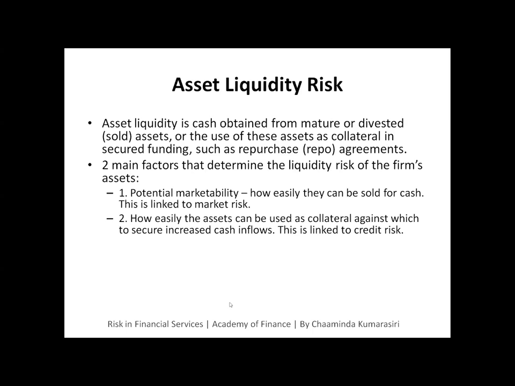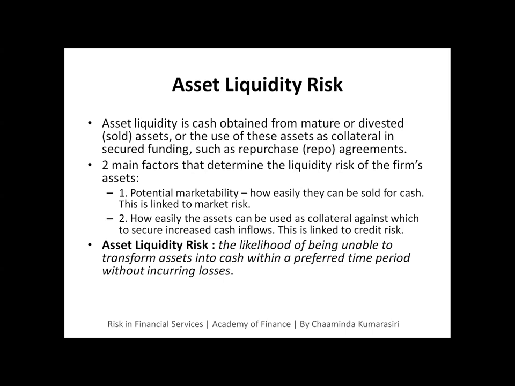Then the second factor is when you use them as a collateral and try to get funds, whether the same asset can be used as a collateral, how easily you can use it as a collateral so that you can get some cash keeping it as a collateral. So those two things will determine how easily you can get the cash realized.